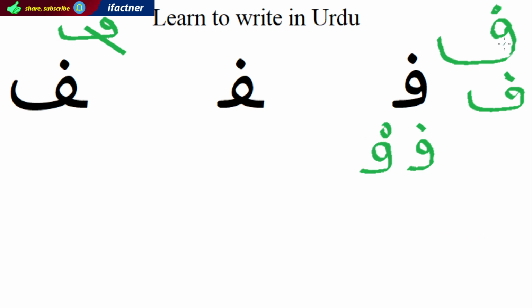Now let's see how we write fe in a word. So we have a word called fawara. Fawara means fountain, and fawara is fe.